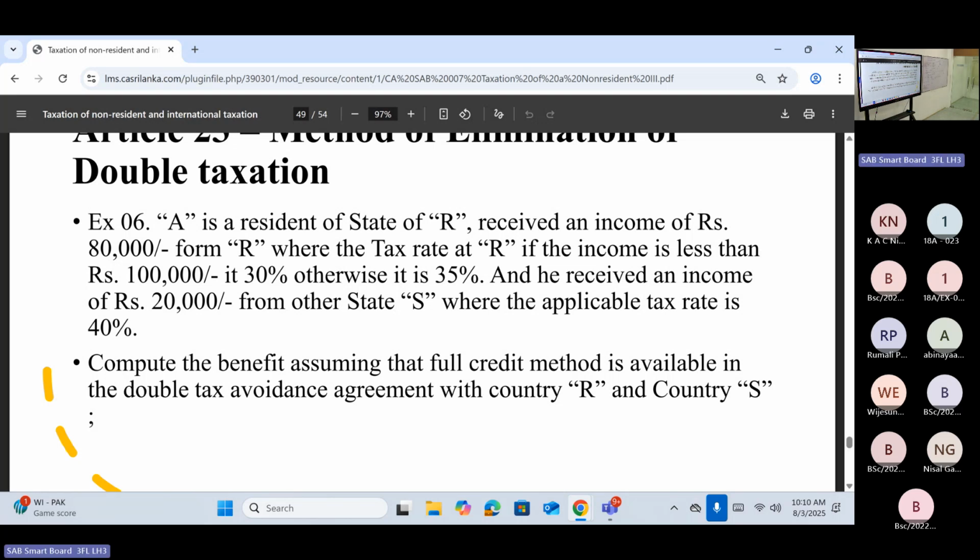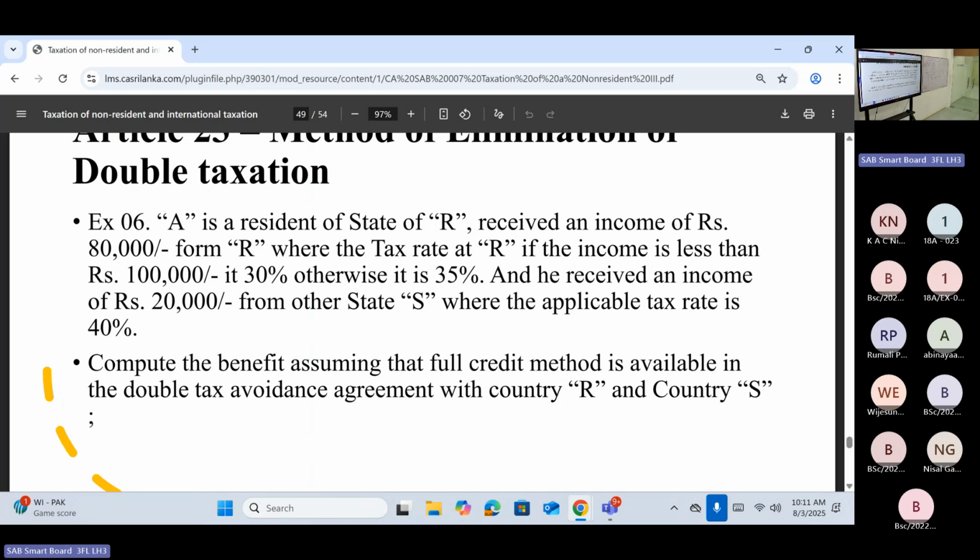So practically, how is that tax credit claimed? Within the country, say on our own salary we are paying taxes, so we provide our tax certificate, the T10 certificate. Say I have a fixed deposit in a bank and I receive 100,000 interest income.